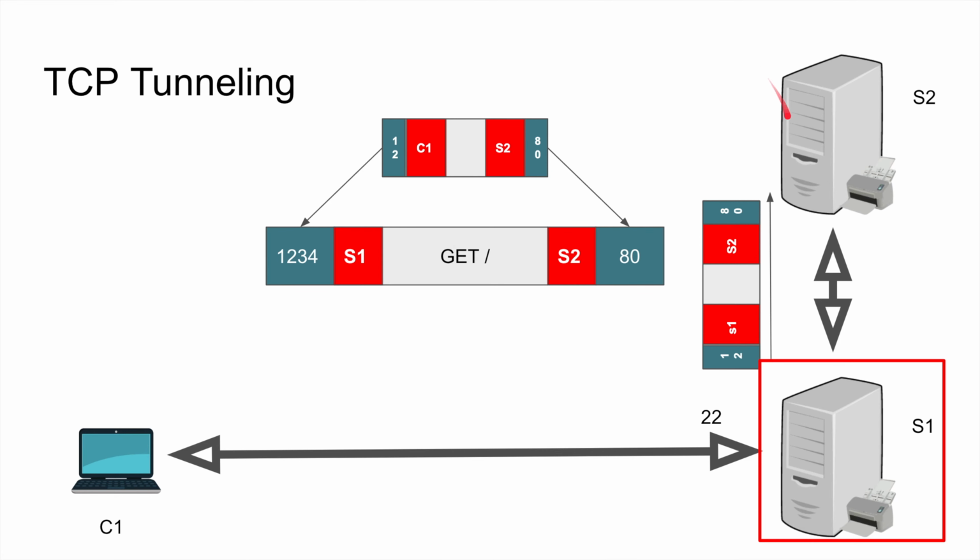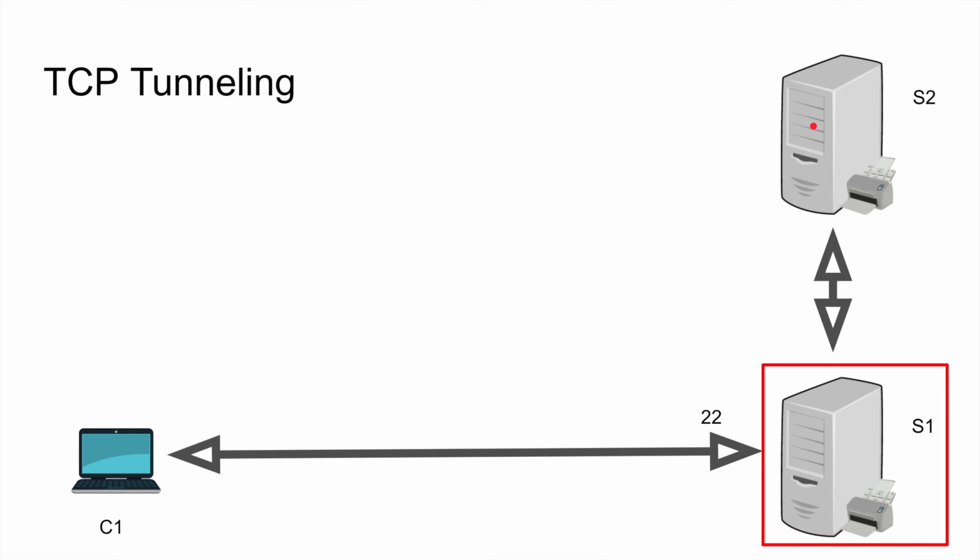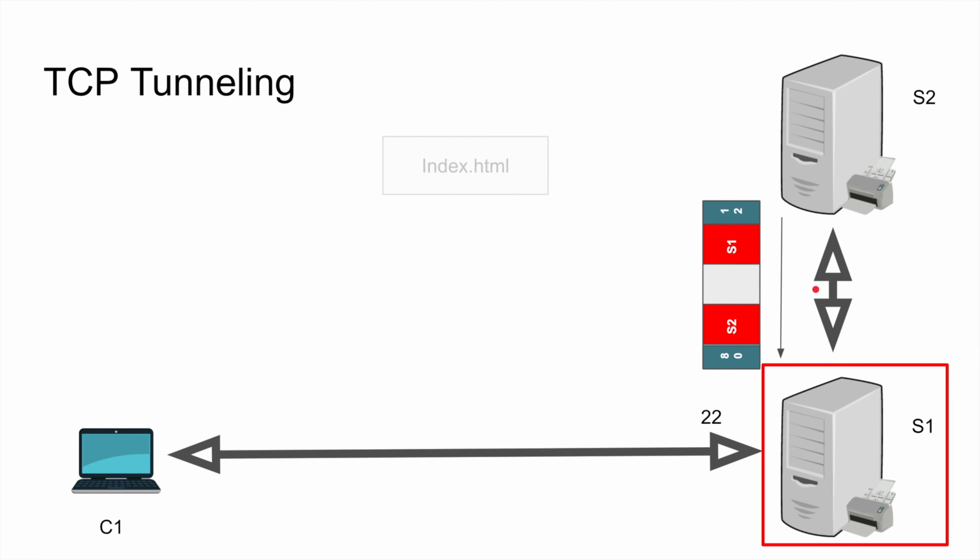Okay, so send in the request, and it sends back what? The index.html, because as far as S2 is concerned, this is a request coming from S1. S1 just said, hey, give me index.html. And then you get the index.html, but guess what? Now we need to repackage this, because the TCP packet was intended for me, S1.